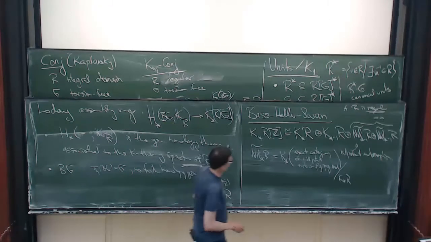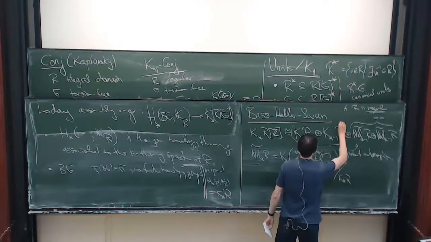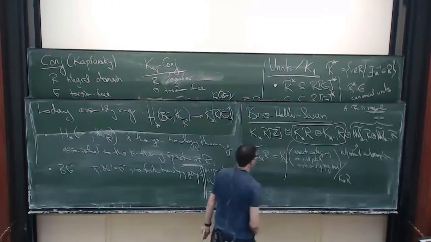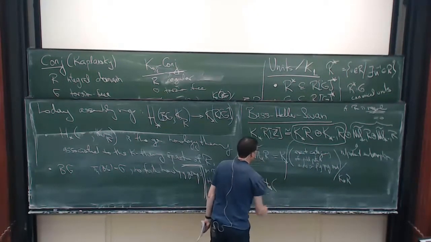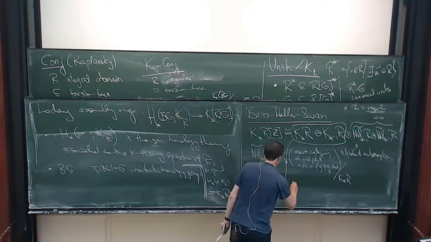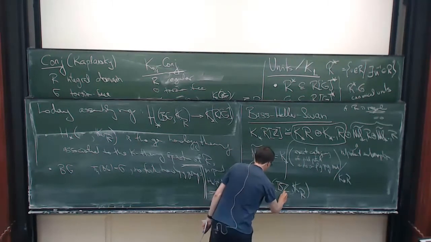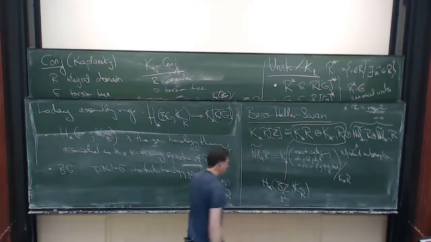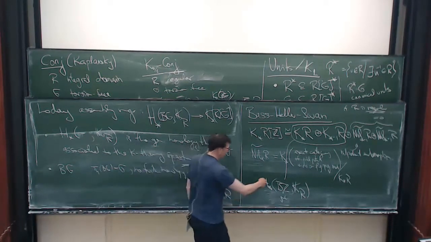Okay, and maybe let me point out that this is the homology of BZ with coefficients in the K-theory spectrum, right? The classifying space for Z is the circle, and we know how to compute any generalized homology of a sphere.